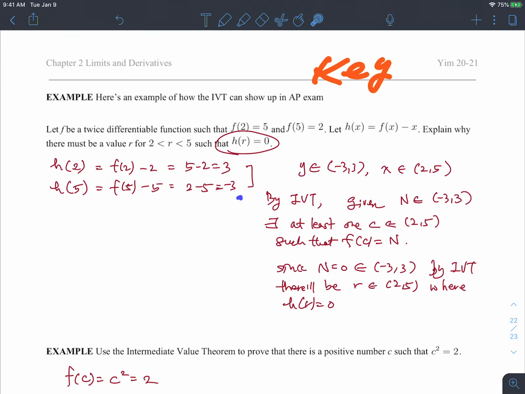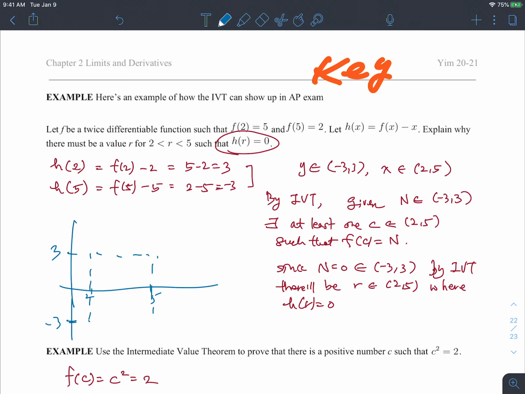So what that means is that my y value goes from -3 to 3 when my x is between 2 and 5. So if you had to draw a picture here, guys, it's a 2 and a 5, and it goes from -3 to 3.